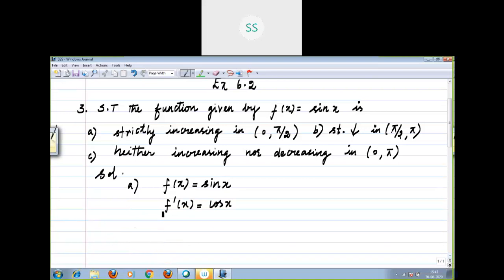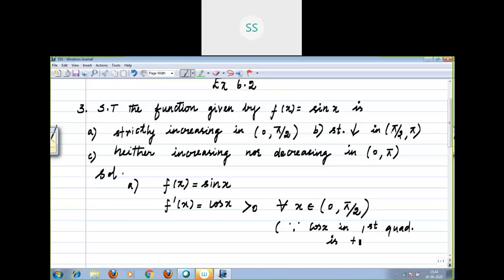So what is your conclusion here? F dash of x greater than 0 for all x belongs to the open interval 0, pi by 2. Here, since cos x in the first quadrant is positive.